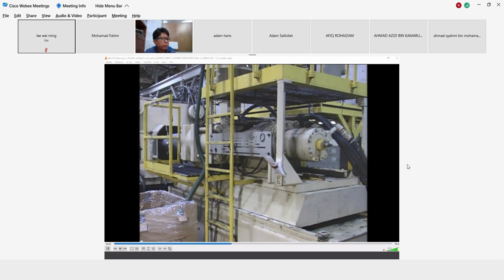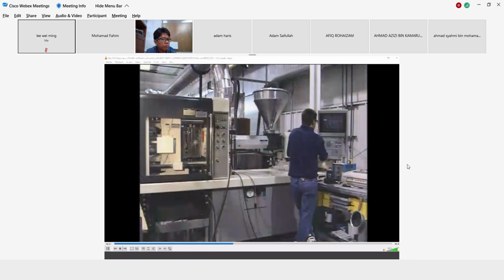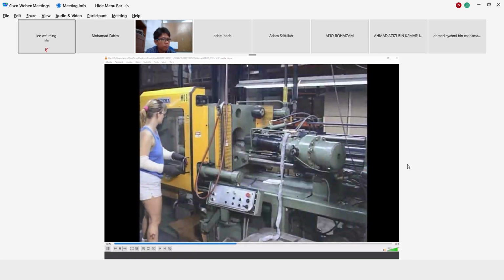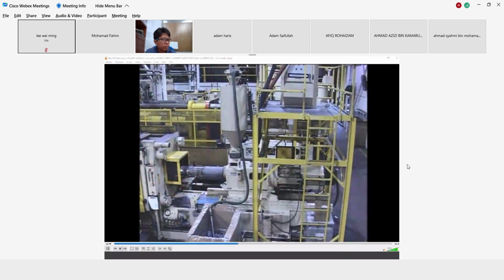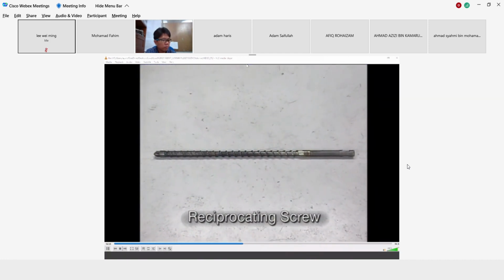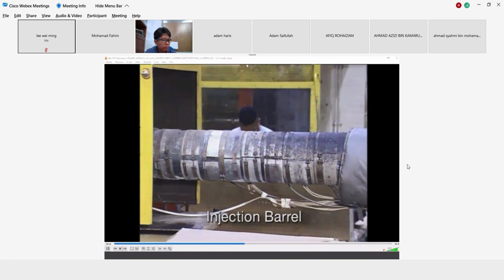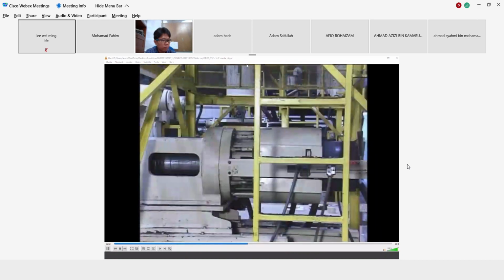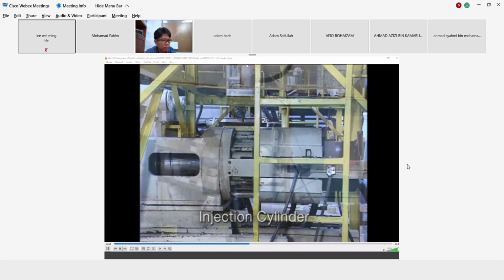There are two types of injection mechanisms: the reciprocating screw, which is the most common, and the two-stage screw. The main parts of the reciprocating screw injection system are the hopper, a reciprocating screw inside an externally heated injection barrel, a hydraulic motor, and an injection cylinder.